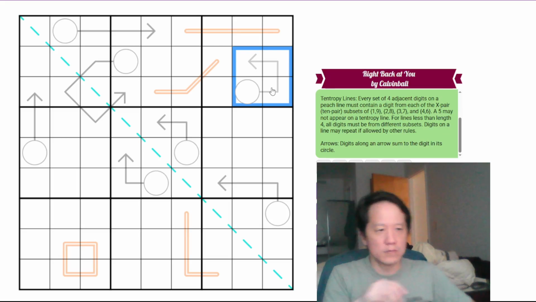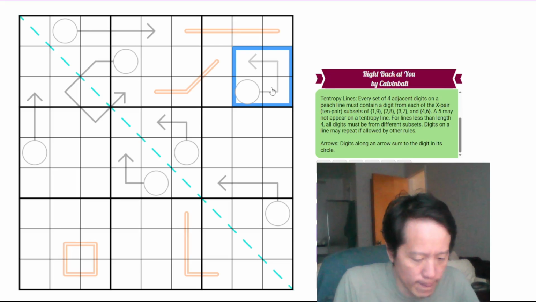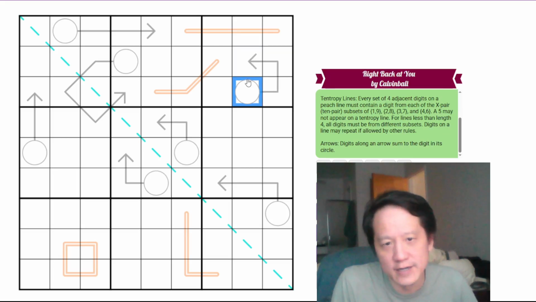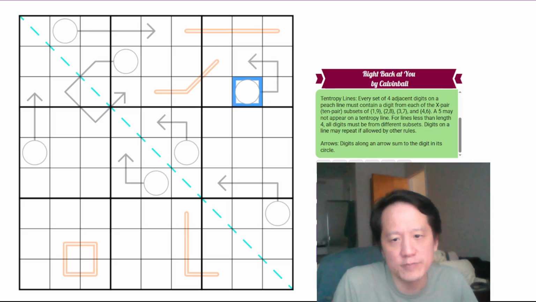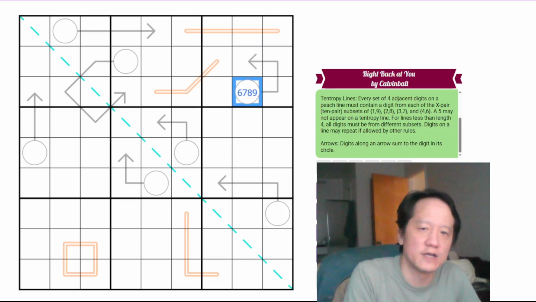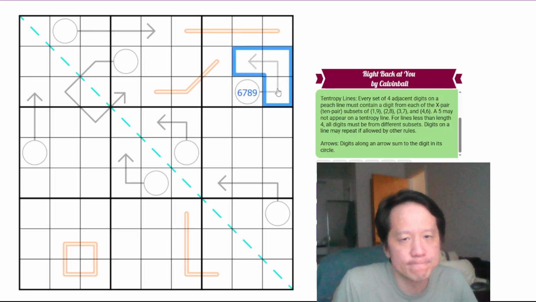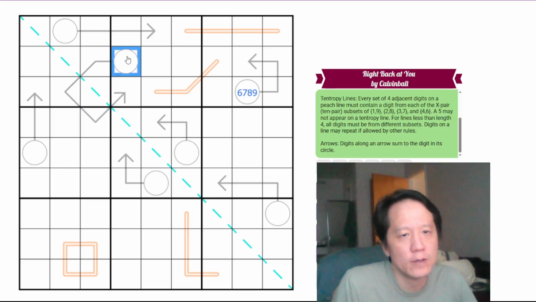Okay. That doesn't tell us much. Okay, this is 3 unique digits adding up to this one, so this is 6, 7, 8, 9. Hmm. What digit is here at best?